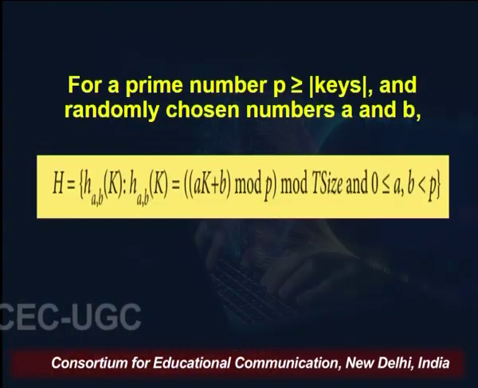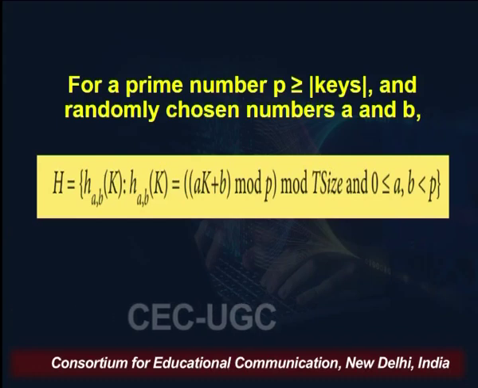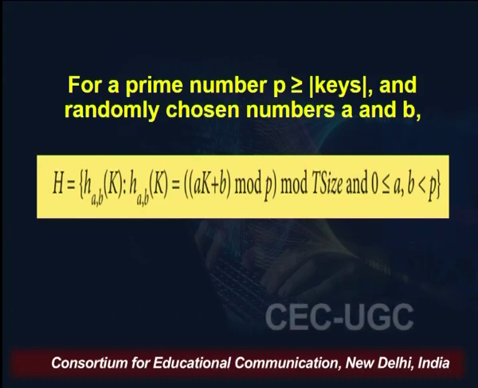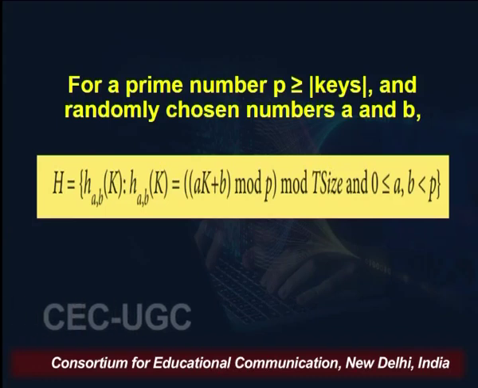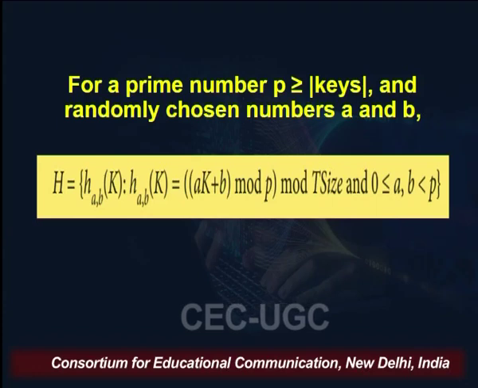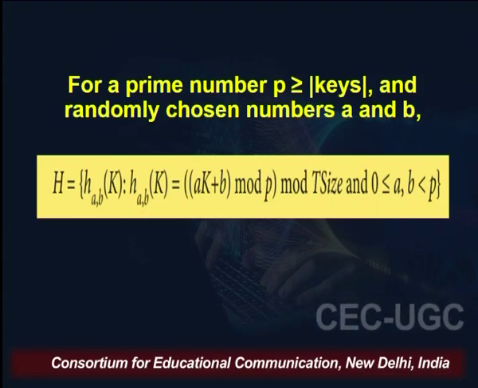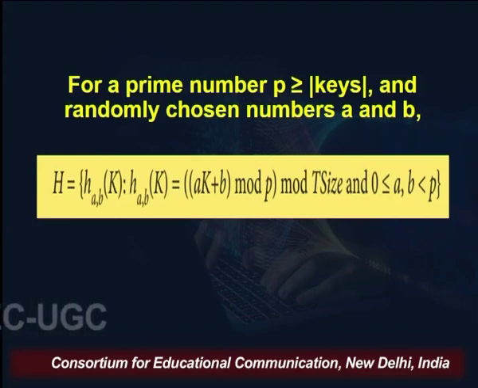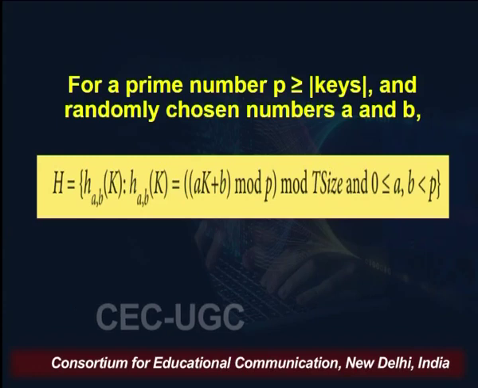And if we talk about what format these universal functions have, we can see the technical format of writing that. Here it is written on the screen: capital H, which is the class, equals h of a comma b with k, where h of a comma b with k equals a k plus b mod p mod T size.